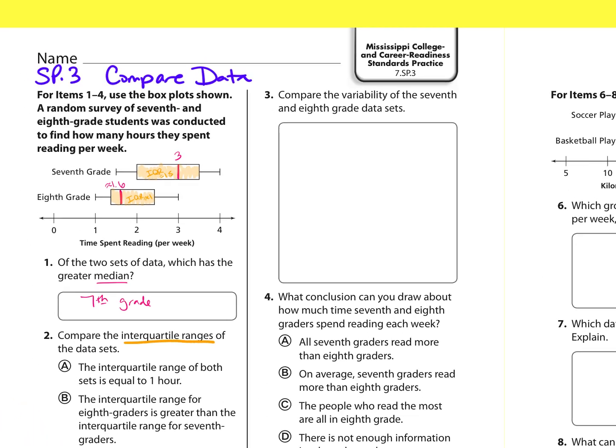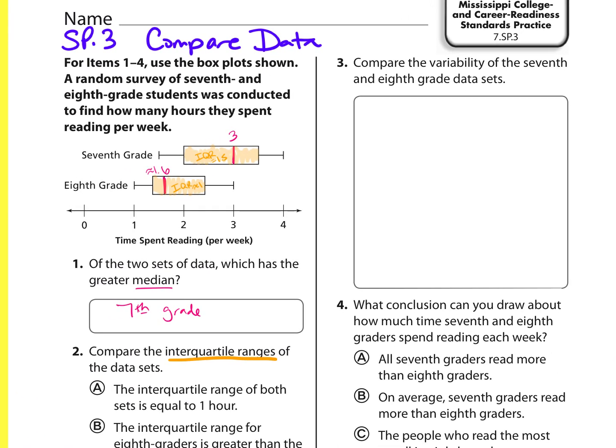Problem number 3. Compare the variability of the 7th and 8th grade data sets. Well, we can see that the 7th grade has a greater range, which goes from whisker to whisker, than what the 8th grade does. So it also, we already said, had a greater interquartile range.